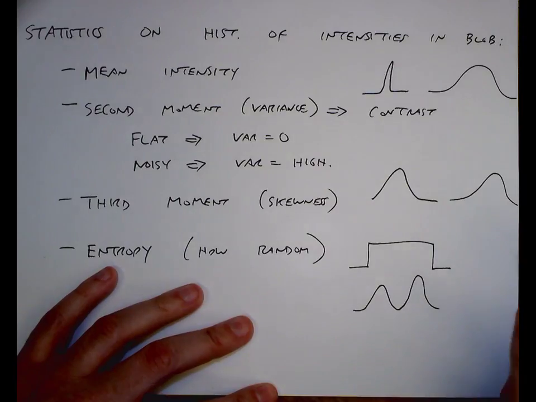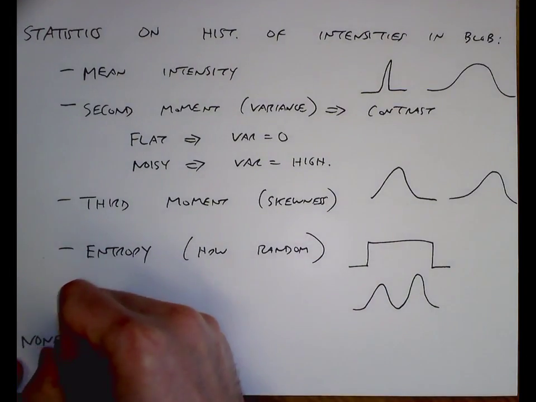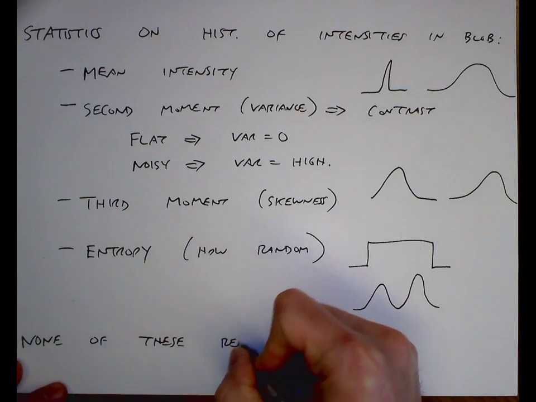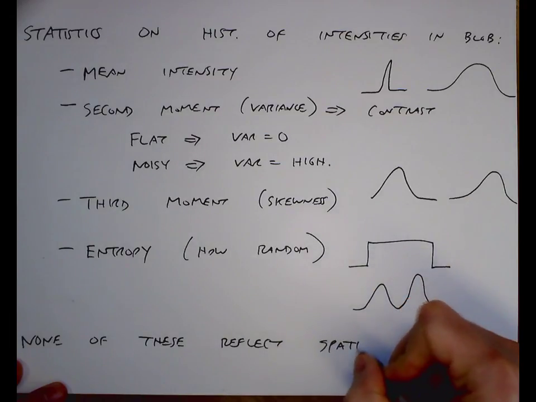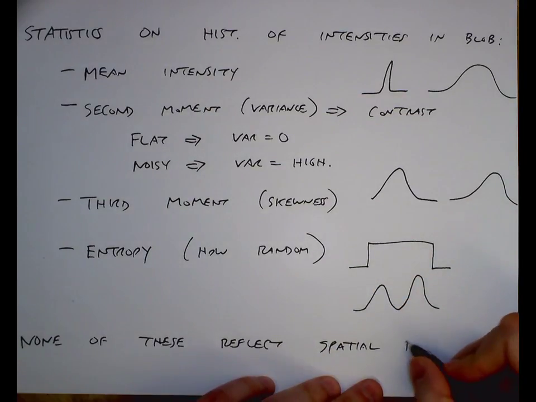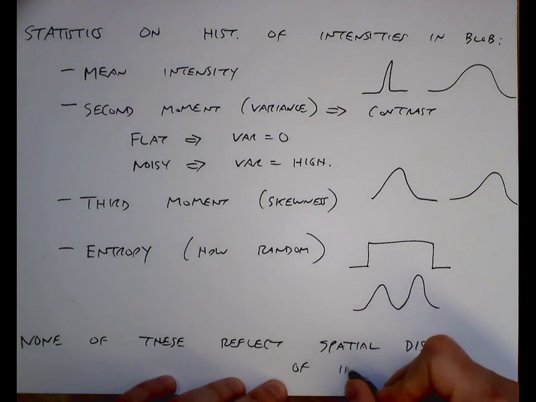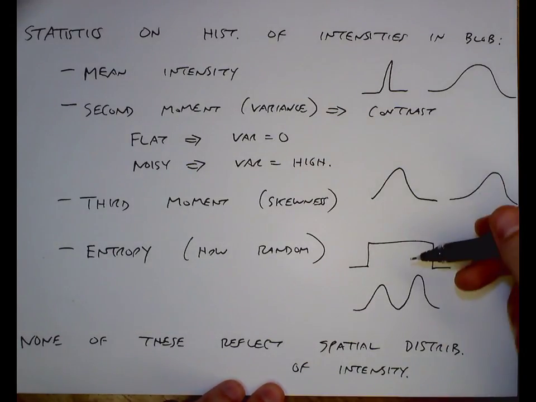Okay, but the problem is that none of these algorithms reflect the spatial relationships of the intensities, right? All I do is totally abstract out where corresponding pixels were, right?